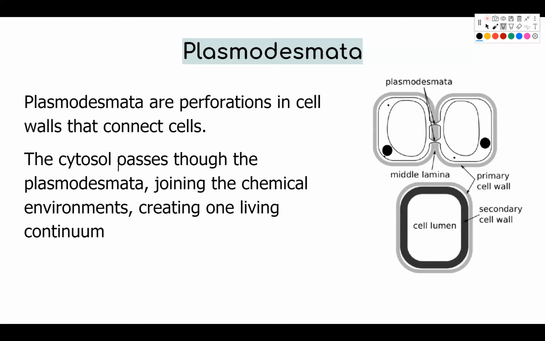So if we wanted to draw this out, I'll just plop down here really quick. We've got our cell wall. It's as simple as that. This is our plasmodesmata. It allows our cells to know what's going on in the cell next to it.